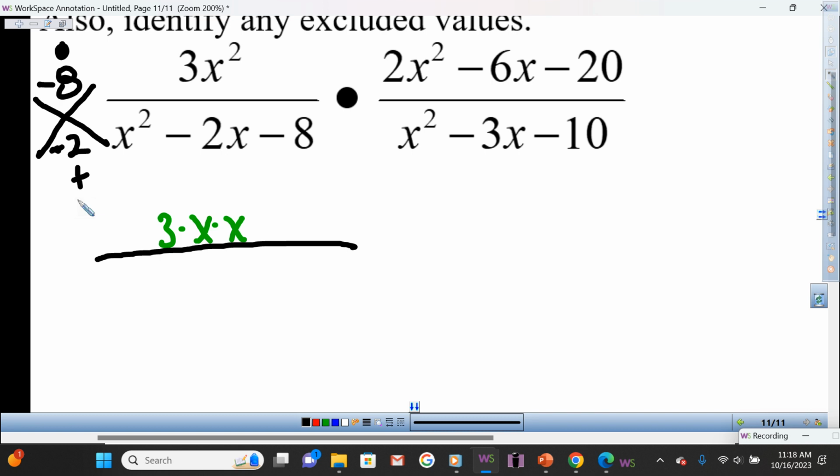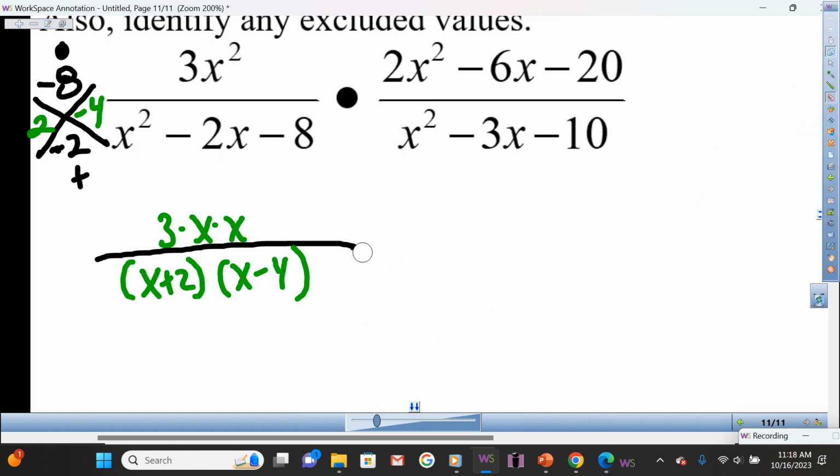What 2 numbers multiply to give me negative 8 that when you add them give us negative 2? Tell your neighbor, what are those 2 numbers? Kimberly, go. 2 and negative 4. So my factors are x plus 2, or x and positive 2, and x minus 4. So far so good, yeah? Yes, Mr. Q. All right. Times.